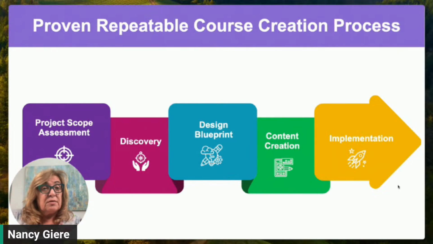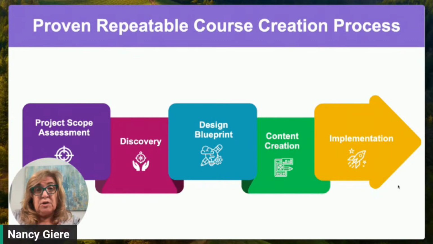It starts with a project scope assessment, where you get an idea of what it is that we want to accomplish. And then we move into doing some discovery where we analyze both the target audience, whether it's employees or customers or prospects, as well as the content that might be required.